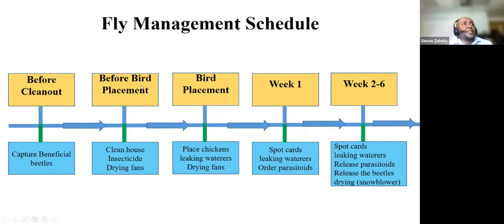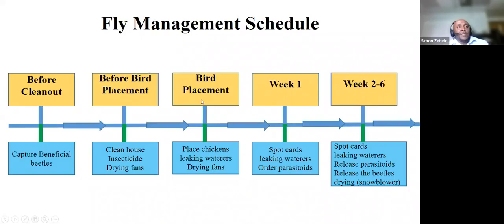And before bird placement, clean the house, of course, and then apply residual insecticides, insecticide that persists in the wall of the chicken house. Also have a plan to have drying fans. Every 60 feet of the chicken house has to have ventilation or fans.